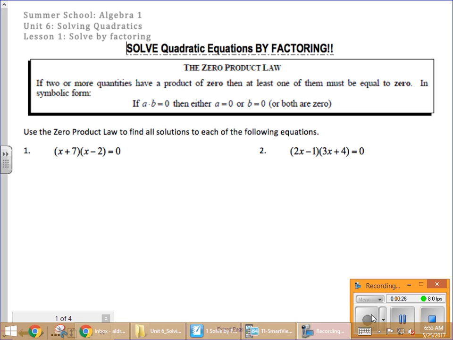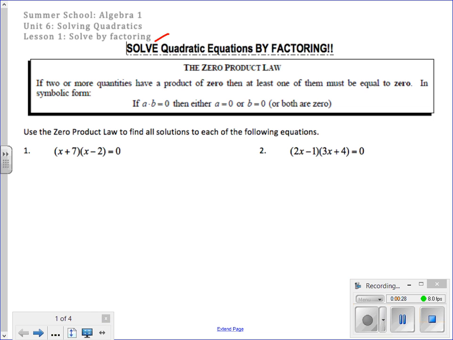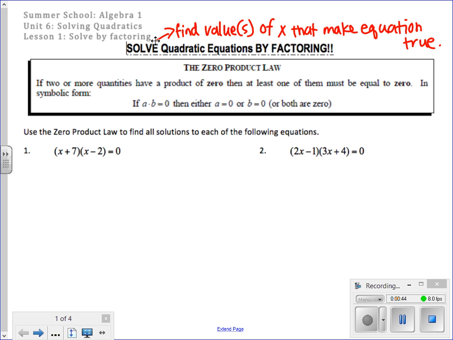Well, when I solve anything, solving means to find the value of x that make the equation true. So we're going to be finding the values of x that make the equations true here for these quadratic functions.